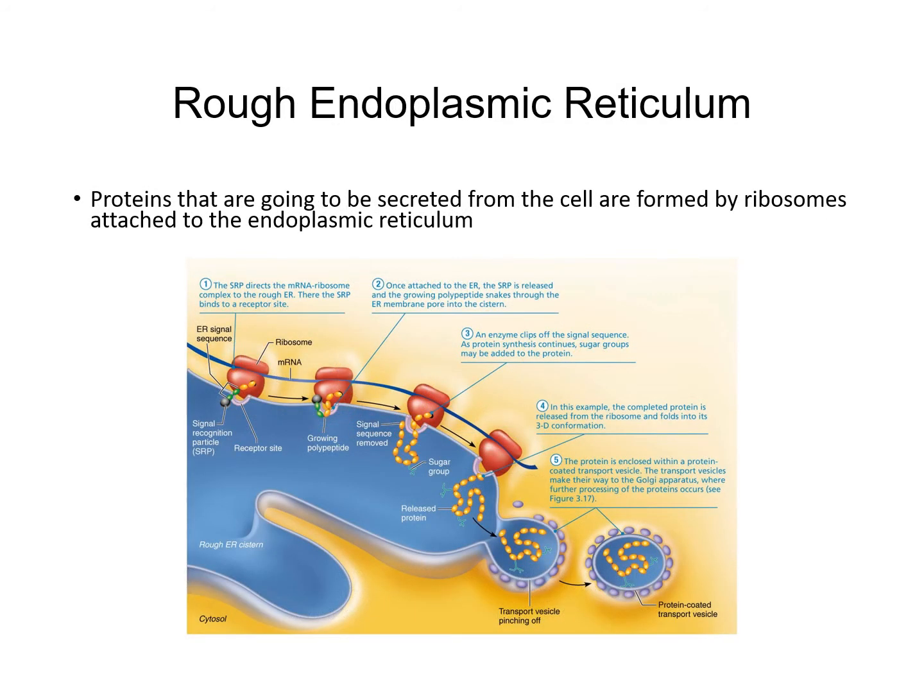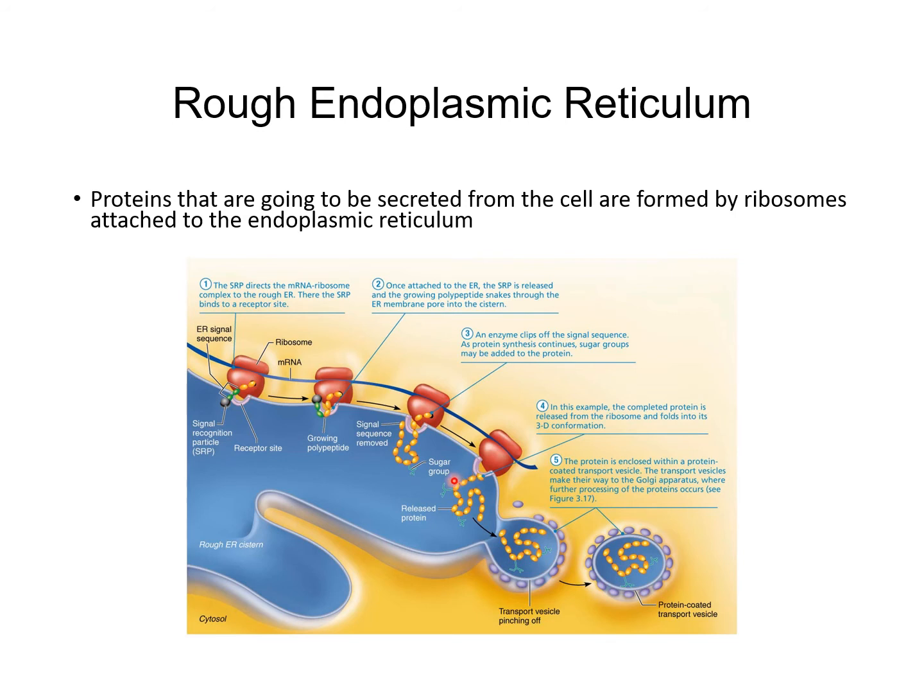And lastly, remember that proteins that are going to be secreted from the cell are formed by ribosomes that are attached to the endoplasmic reticulum. So here we have our messenger RNA that is moving through these ribosomes, which are attached to the rough endoplasmic reticulum.